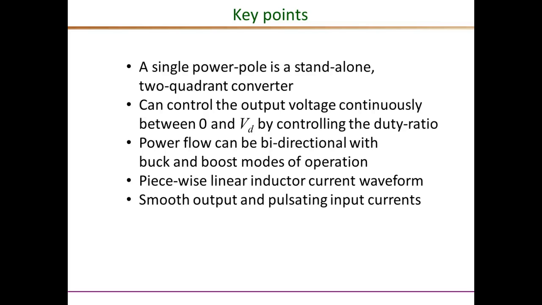That is one of the characteristics of this kind of single pole power converter. In the next video, we will take up 2-pole converters, which have even more numerous applications, and we will consider that in the context of a single phase inverter, single phase PV inverter.